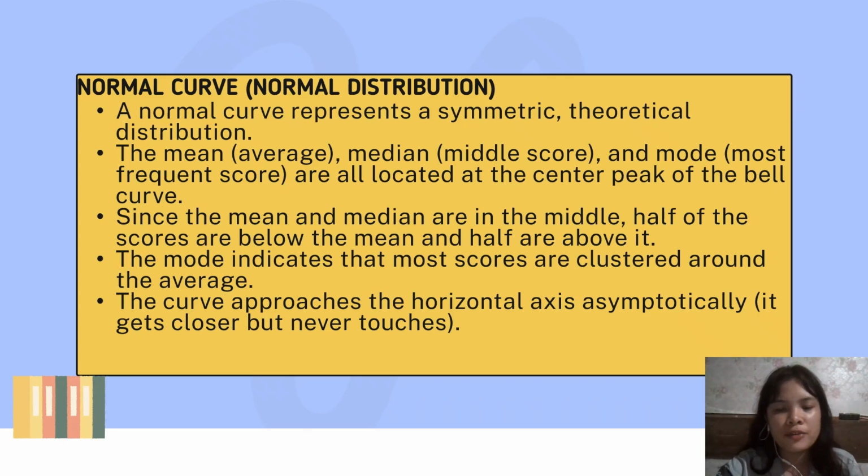As you can see from the earlier slide, the mean or the average, the median, which is the middle score, and the mode, which is the most frequent score, are all located at the center peak of the bell curve. Since the mean and median are in the middle, half of the scores are below the mean and half are above it.